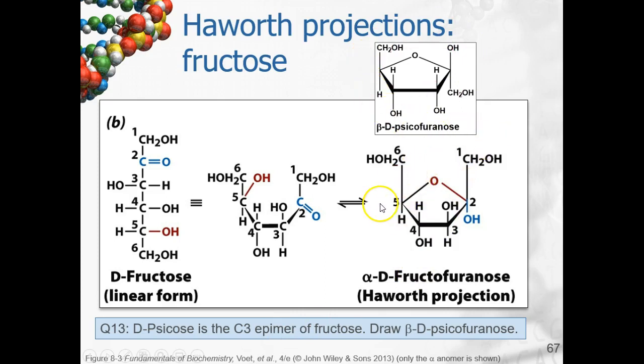And again, if it's the C3 epimer, then the difference is the configuration around carbon number 3. So in fructose, if carbon number 3 is above the plane of the ring, in cyclofuranose, it will be below, but everything else would be the same. Again, this is beta, so I have the OH above the plane of the ring, whereas in alpha, the OH on the anomer carbon is below.